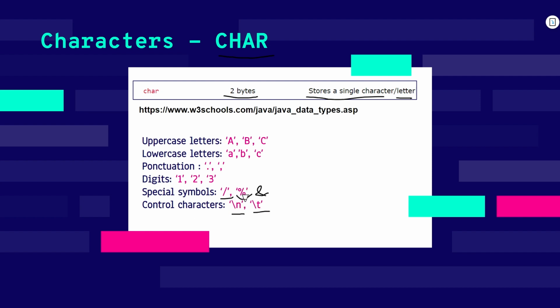In Java, \n is used to create a new line and \t is used to create a tab.